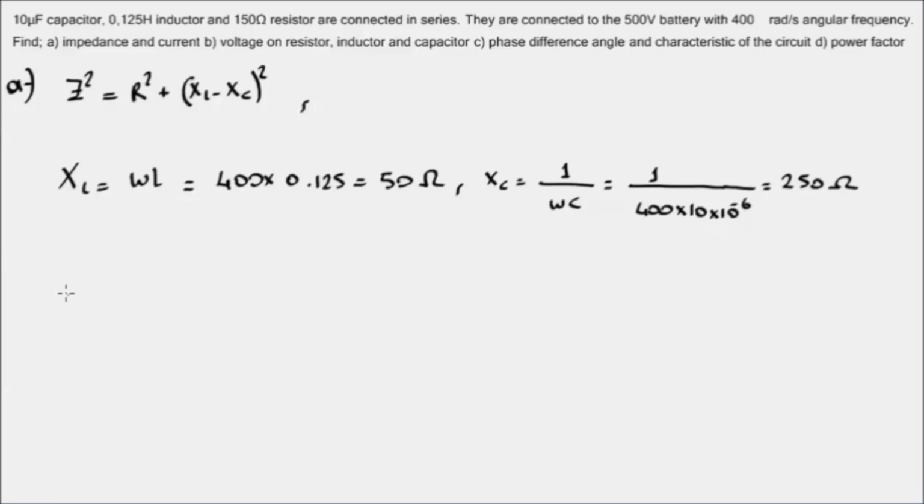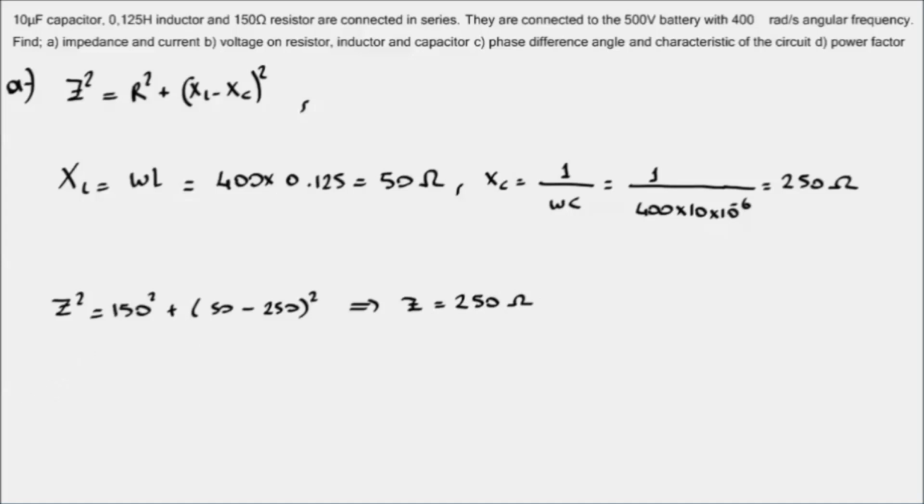Now Z squared equals 150 squared plus (XL 50 minus XC 250) squared. So Z equals 250 ohm.